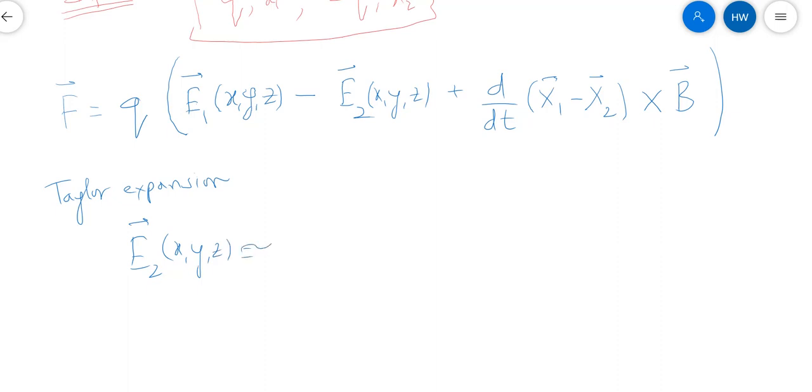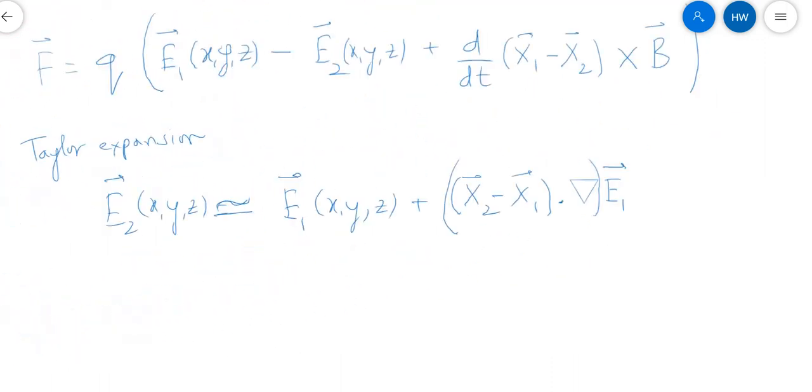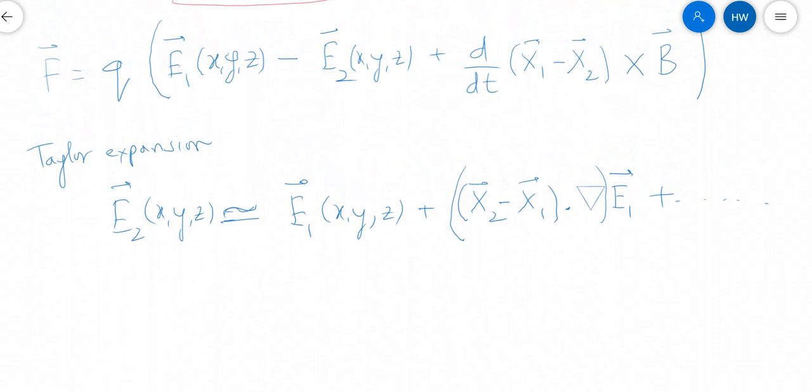So this is approximately E1, which is a function of x, y, z, plus x2 minus x1 dotted with the gradient of E1. This is the object I need to operate on E1, and so on and so forth. I'm retaining only the first order term because that is the most significant.